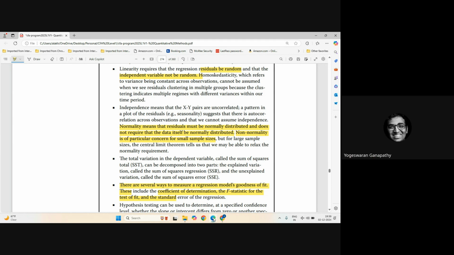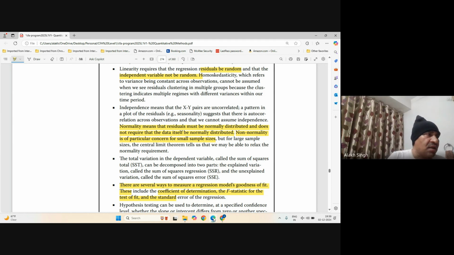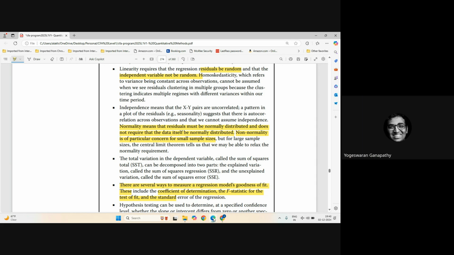Let me explain it clearly. If the sample size is 35, can it come from a non-normal population, and will that be a problem? By the central limit theorem, it has to be normal. Very good.